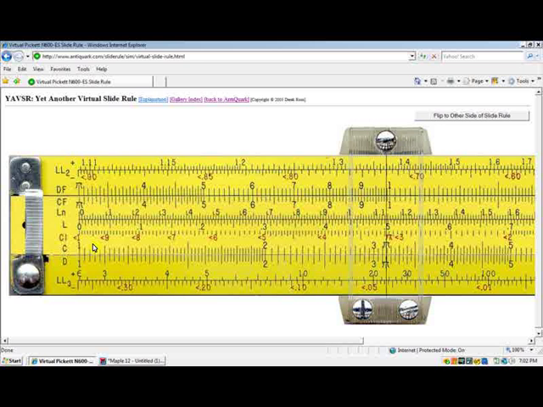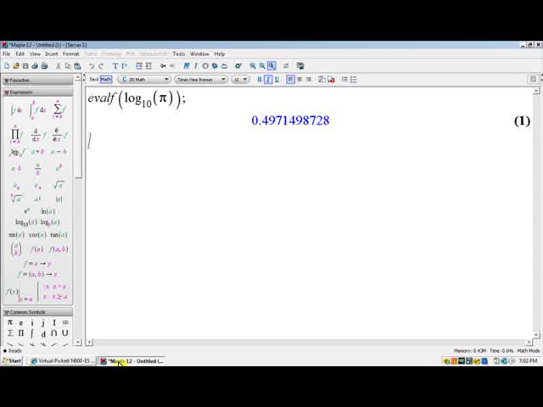Well, I had mentioned before that if we weren't taking the log base 10 of pi, but rather something like 314, instead of getting 0.497, what we would get is 2.497, right? If it's 314, that's a magnitude of 2 places.